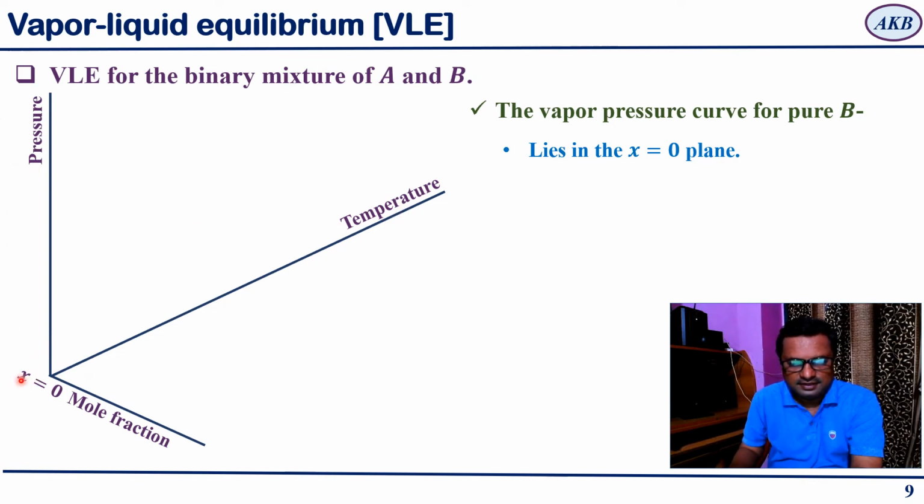This is the x equal to 0 plane, representing pure B, and that's why the vapor pressure curve for pure B will lie in that plane.